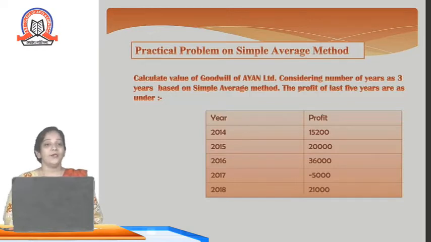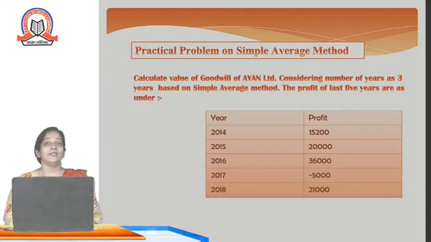Calculate the value of goodwill of Ion Limited considering the number of years as 3 years, based on the simple average method. The profits of the last 5 years are given. First of all, we need to calculate the goodwill on the basis of the simple average method.